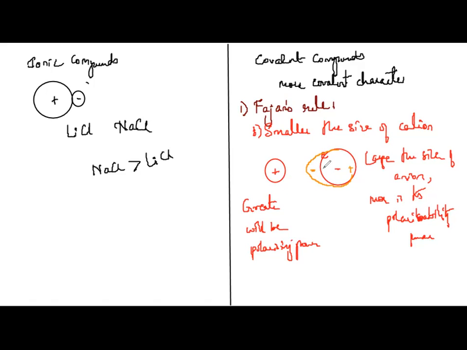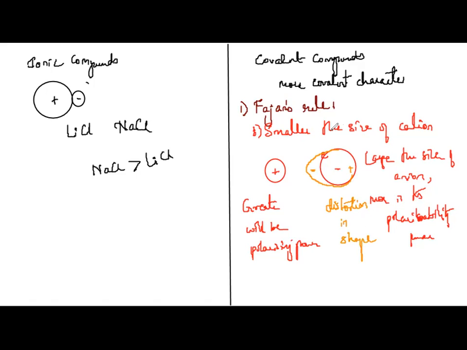Since it is getting polarized very easily, the electrons are coming in near the vicinity of this nucleus, and positive charge is thrown away. There is a disturbance created in the shape of this ion, and that is said to be distortion. There is distortion in the shape of the molecule. Are you all getting?